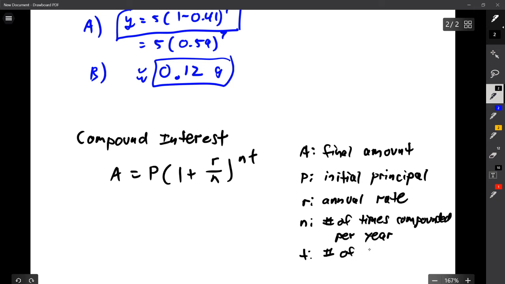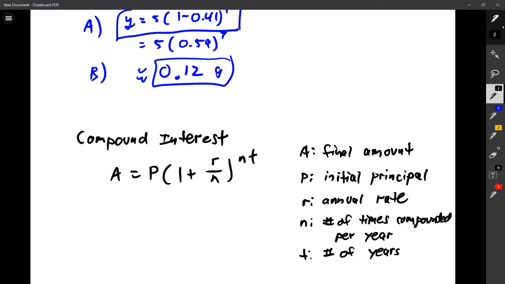Number of years. Here we don't have to adjust the T, because our R is in years and our T is in years. The N times T gives you the total number of time periods. The R over N puts the rate in terms of the period: if it's compounded monthly, R divided by N gives you the monthly interest rate, and N times T gives you the number of months.